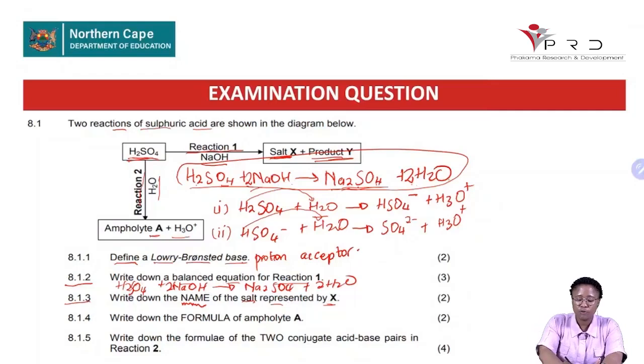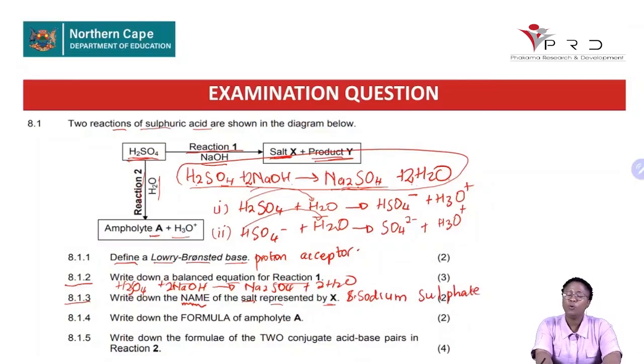We know the formula is Na2SO4. So what will be the correct name? The correct name will be sodium sulfate. All right, I hope you got it correct and you know how to deal with this one.